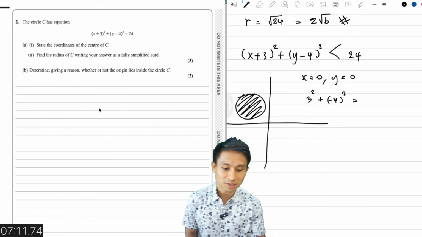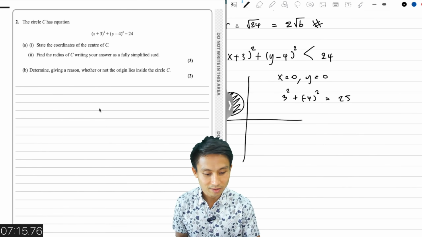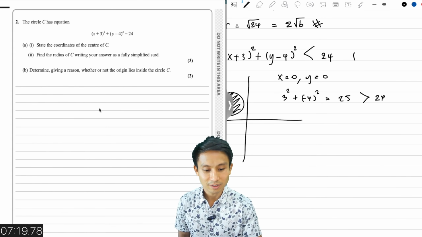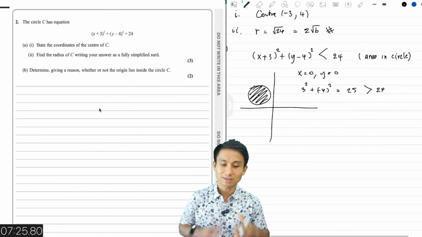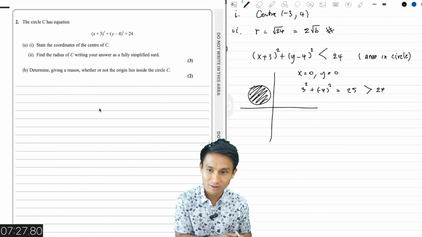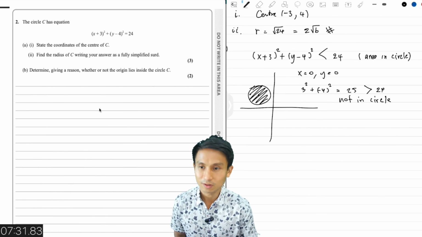And that turns out to be 25, right? Which is greater than 24, yeah? This is the area in the circle. We have to satisfy that inequality because 25 is not less than 24. So this is not in the circle, right?